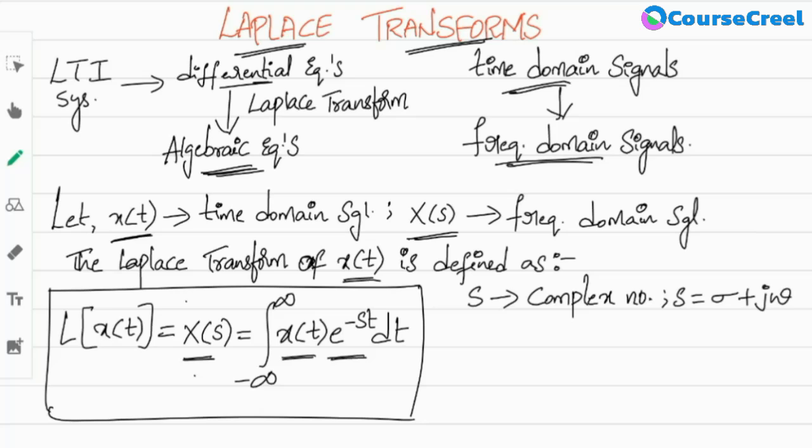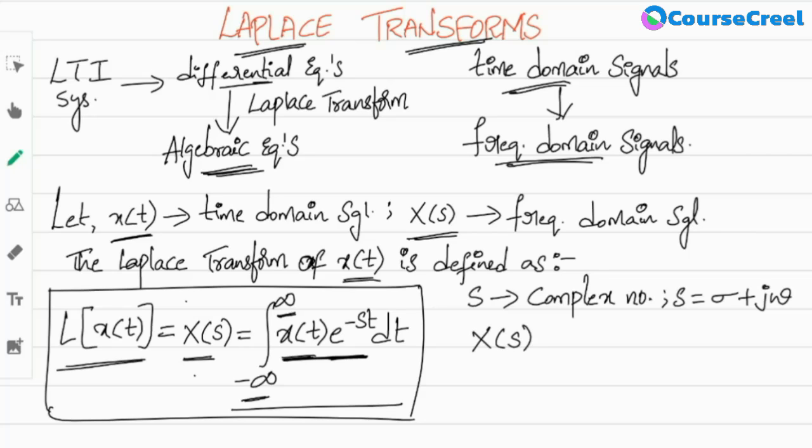Then we integrate the entire product x of t times e power minus st with respect to time, with limits from minus infinity to plus infinity, and this integration results in the Laplace transform of x of t, that is x of s.